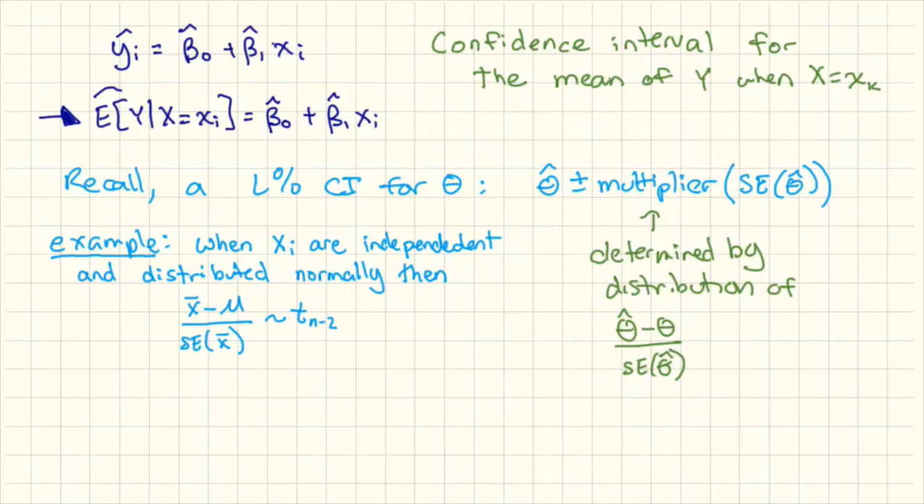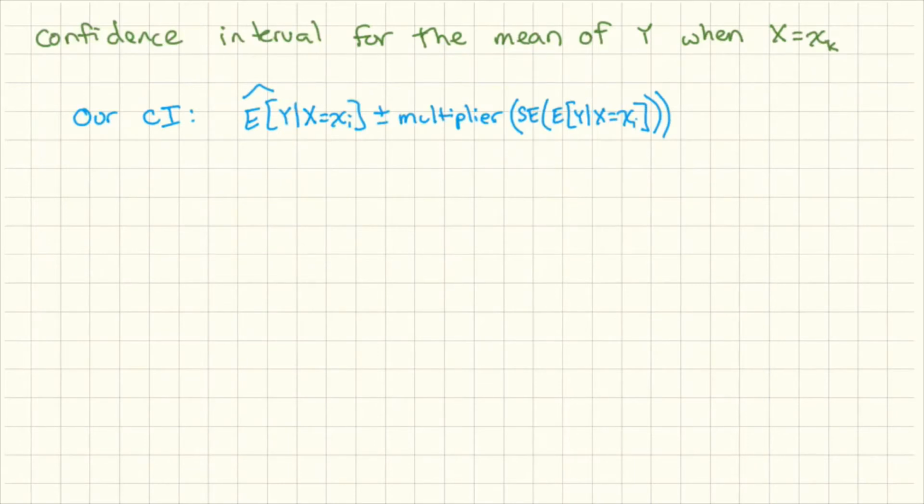You make some assumptions about your x, and then you can see that this statistic is distributed approximately t, and so our multiplier is going to be a t. This is really similar, right? We have our predictor, and we need our standard error of our predictor. This should have a hat on it. There we go.